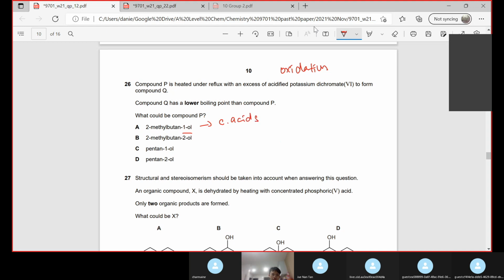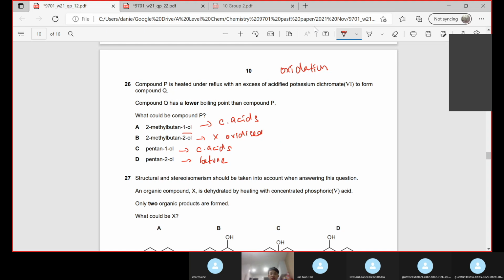Then 2-methylbutan-2-ol is a tertiary alcohol, cannot oxidize. Pentan-1-ol is a primary alcohol, it will oxidize and become carboxylic acid. Pentan-2-ol will oxidize and become ketone.